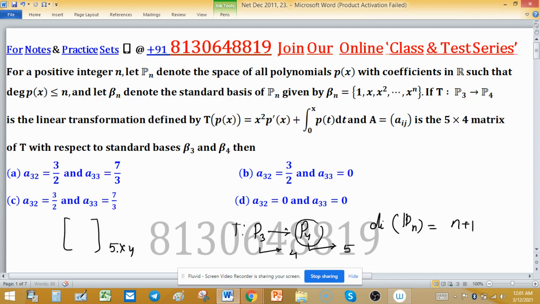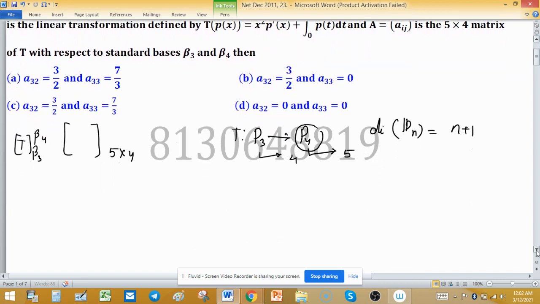So 5 rows and 4 columns will be the matrix representation of T from beta 3 to beta 4, if beta 3 is the standard ordered basis for the domain and beta 4 is the standard ordered basis of the codomain.